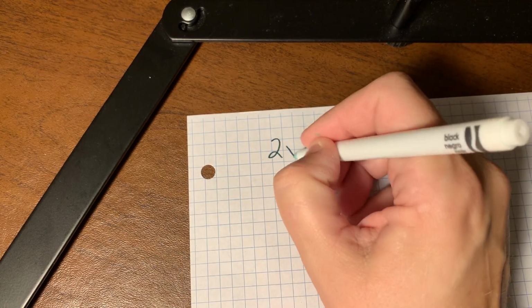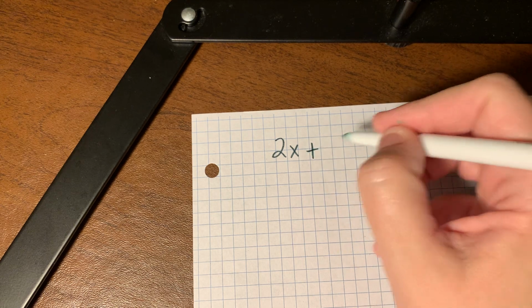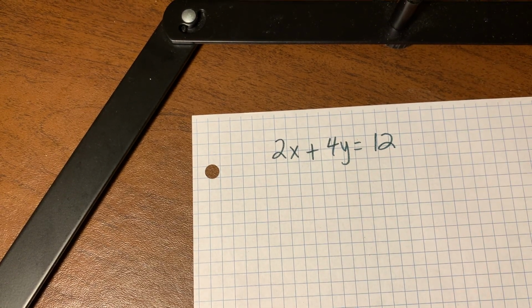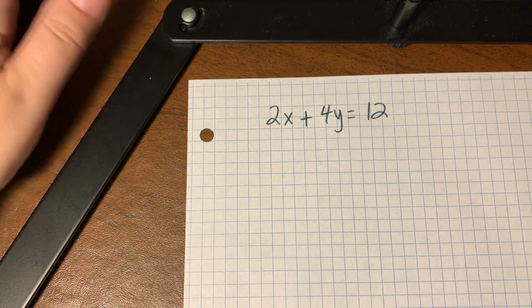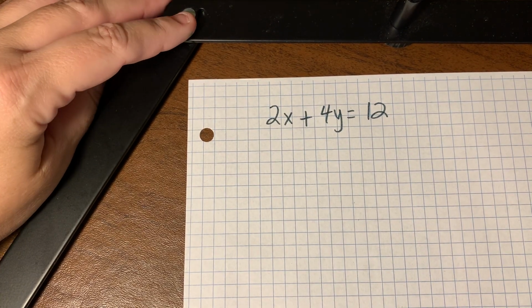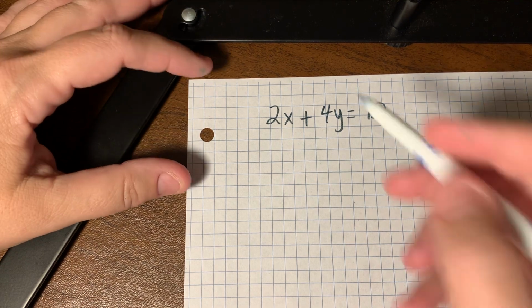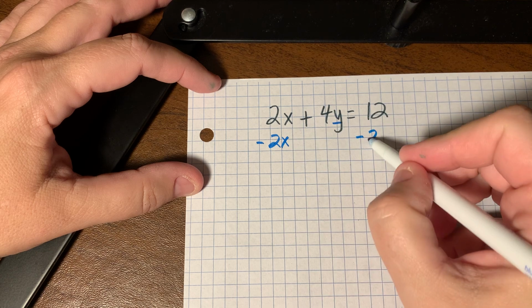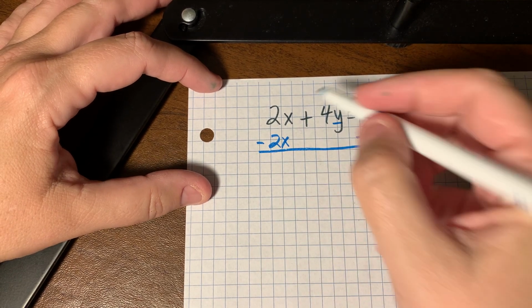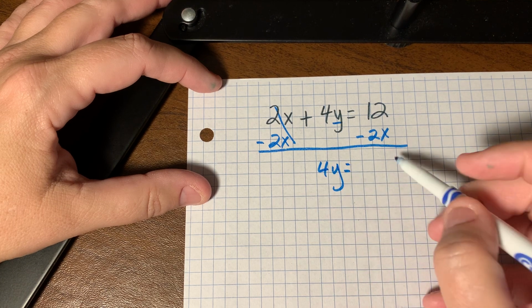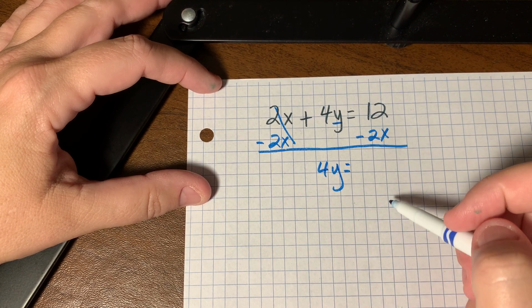We've got 2x plus 4y equals 12. Nice easy numbers. Previously, you may have learned to graph by intercept, and that's fine, but we're doing slope-intercept form here. So we want to get the y isolated. That means I'm going to subtract 2x from both sides. 4y drops down, and I'm left with 12 minus 2x.